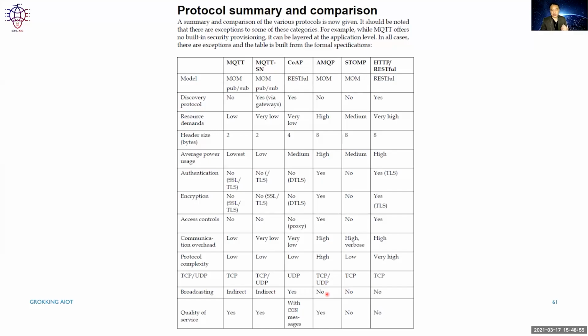However, we can actually configure the AMQP broker to support broadcasting, and many of the implementations of AMQP that are commercially available actually support this kind of feature. Although in the standard, it doesn't constrain you to only have broadcasting and nothing else.